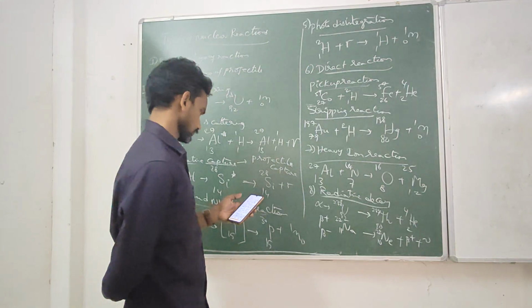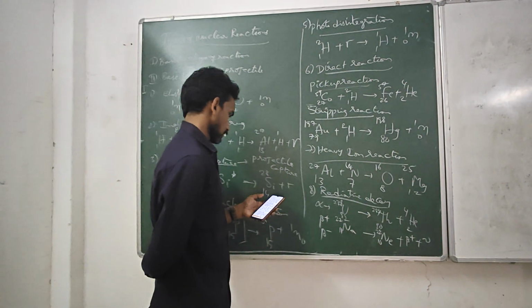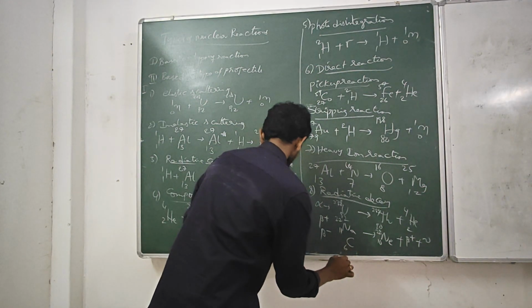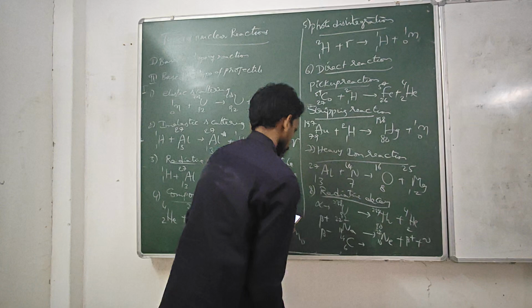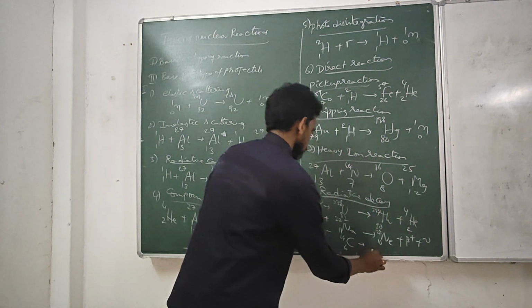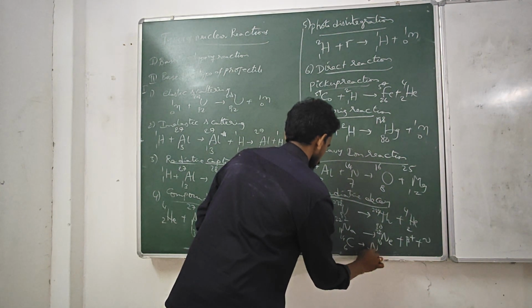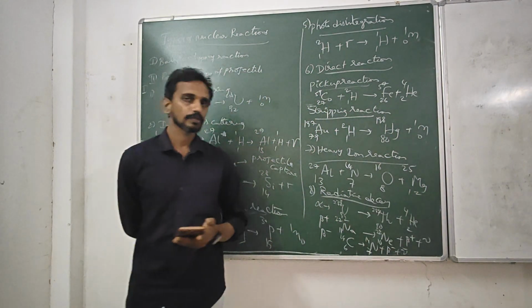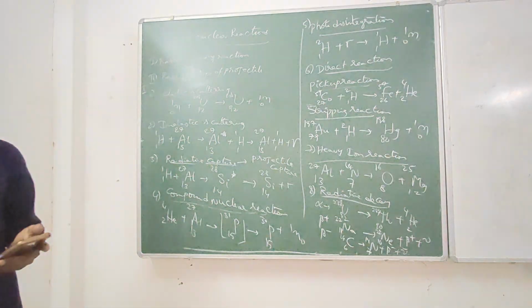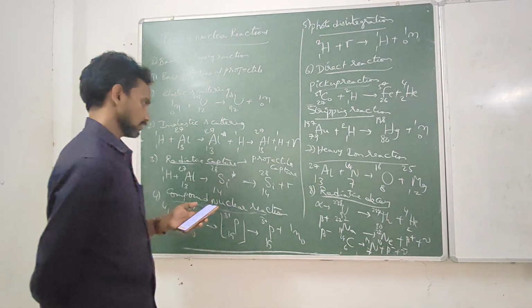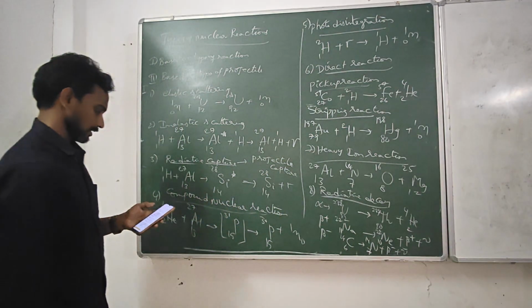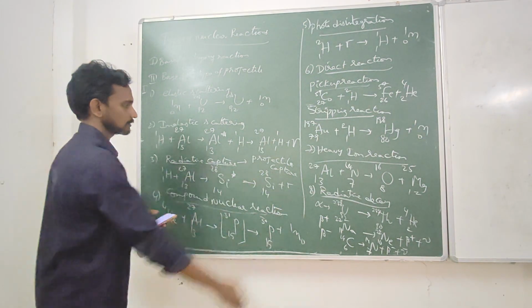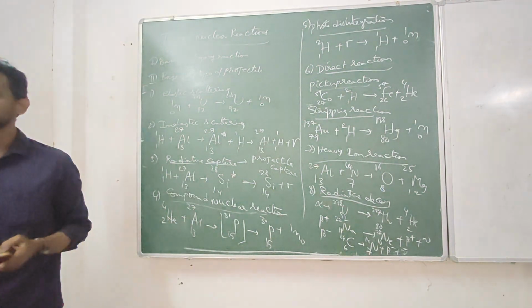Then beta minus, atomic number increases. So C-14 6 gives you N-14 7 plus beta minus plus anti-neutrino. And then gamma decay, any higher order interaction, like wherever you come across this, like silicon-28 14 star giving rise to silicon-28 14 plus gamma.